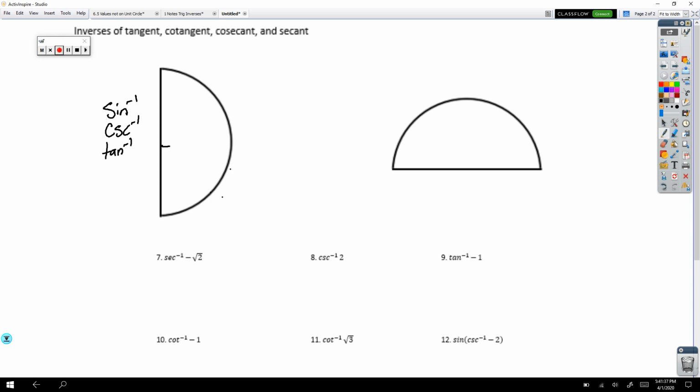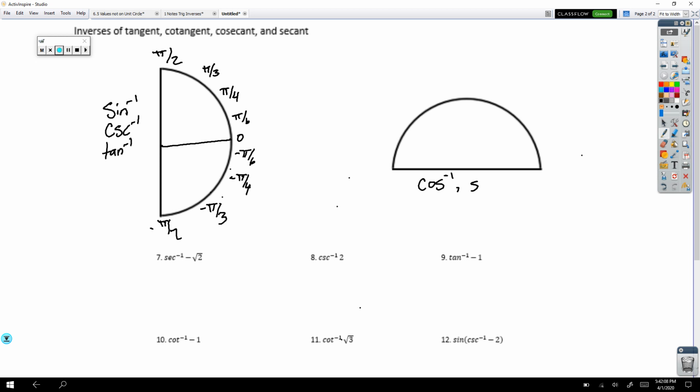And just so we have it on this page, I'm going to go ahead and redo this half circle real quick. So we have 0, pi over 6, pi over 4, pi over 3, pi over 2, and then the negatives. Negative pi over 6, negative pi over 4, negative pi over 3, negative pi over 2. So then the horizontal half circle, okay, that goes with cosine inverse.